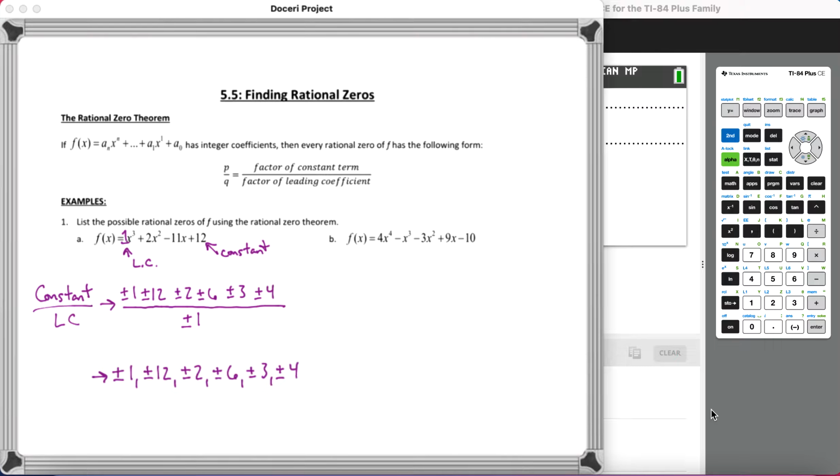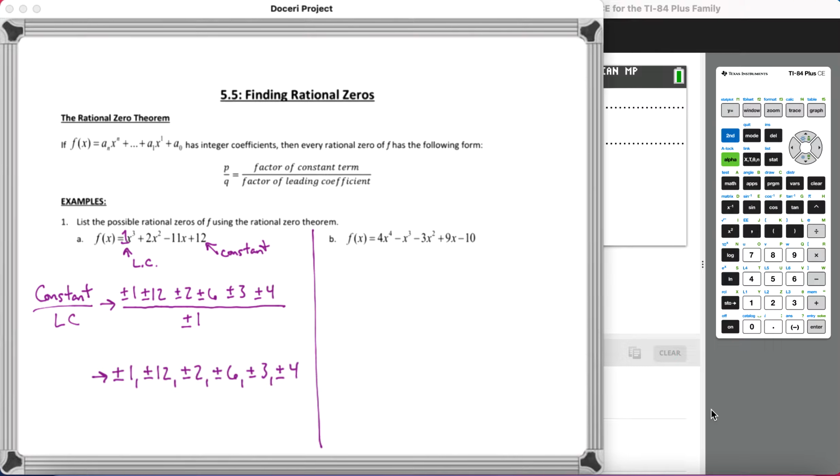That means there are 12 possibilities that you could plug in. Only some of them work to find what the zeros would be, the actual solutions to this problem. In the olden days, before graphing calculators, you would have to plug these in until you could get at least something to work before you could chip away at it using other algebra skills. But those would be the things you would try to guess from.